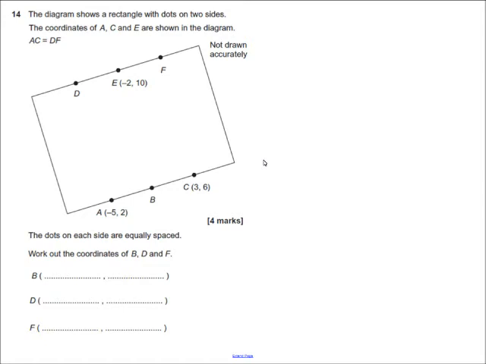So we need to think as if there was a grid on top of this image, and we've been given some clues that A is -5, 2 and C is 3, 6.